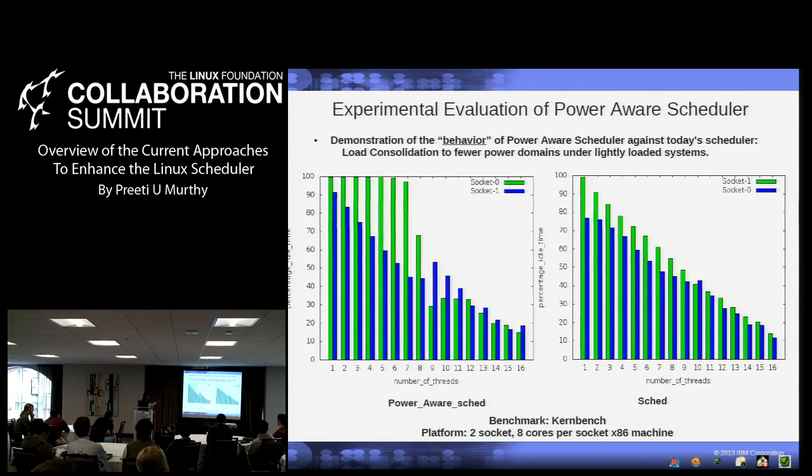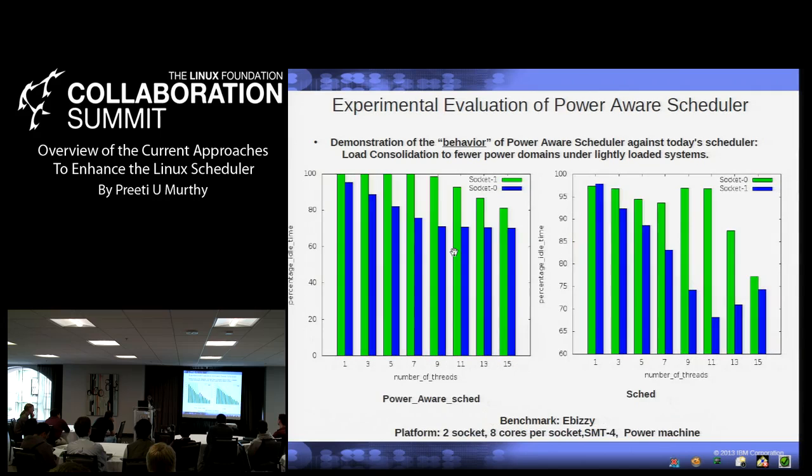And this is with kernbench run on the same machine, and I see a similar kind of behavior. The y-axis is percentage idle time, so 100% would mean 100% idle. And this is the ebizzy run on a Power machine.